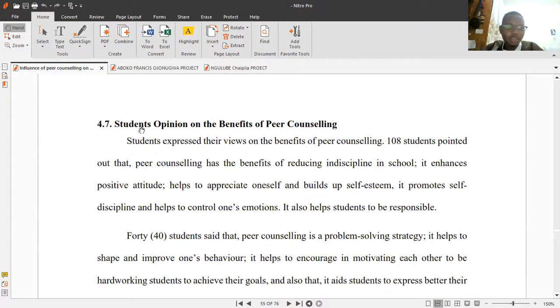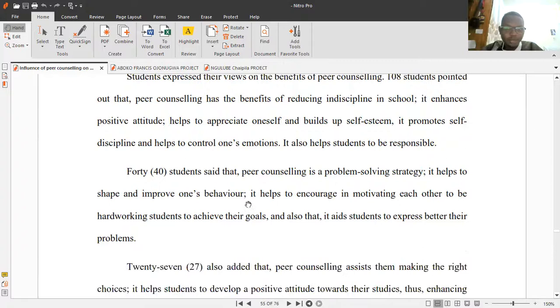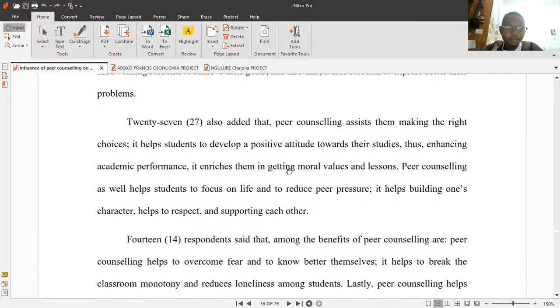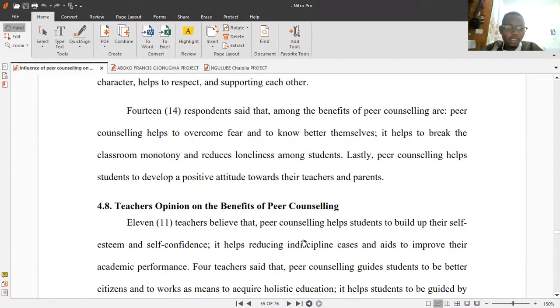Simon 2020 preferred to do it by writing text, as Francis had told us. So we also have them here. It's part of the open-ended questions that he gave to students and also to teachers.